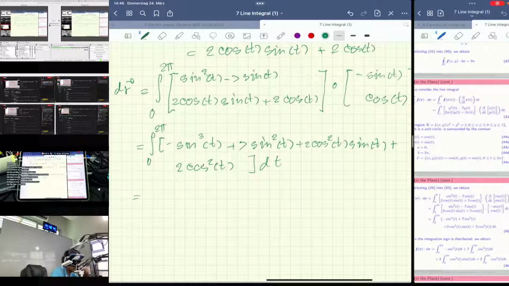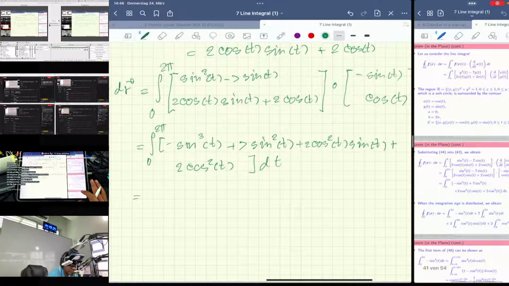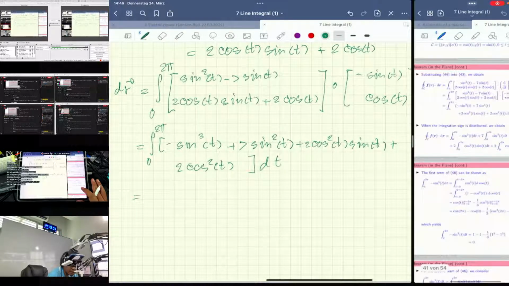Of course, integration of sine power of 3, right? Okay, it might not be difficult.